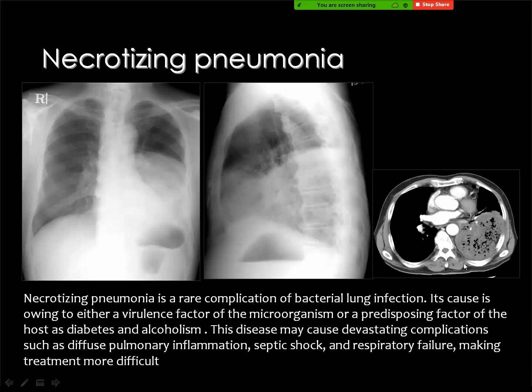Then you may get a lesion like this. It's a consolidated area of the lung with multiple air loculi inside due to necrosis. And this is what we call necrotizing pneumonia, either because of the virulent organism or because of the lower immunity of the patient.